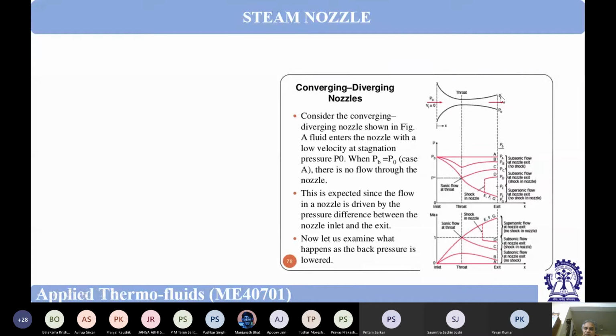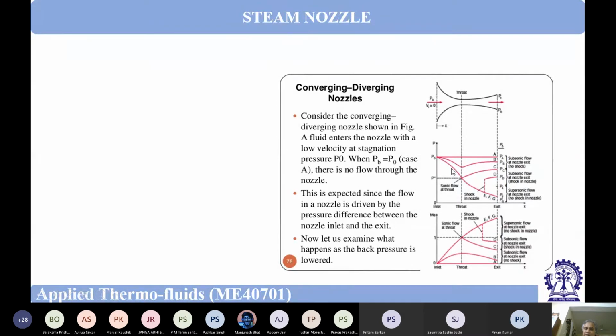Then we reduce the back pressure to some extent, so that up to the throat there will be pressure reduction and velocity will increase. But after that the flow will be subsonic, because this is now not a nozzle but a diffuser.